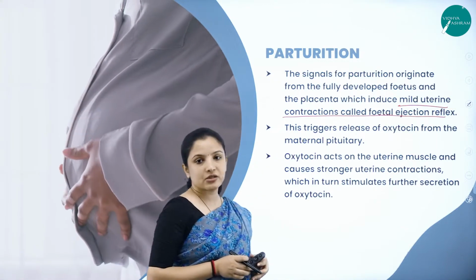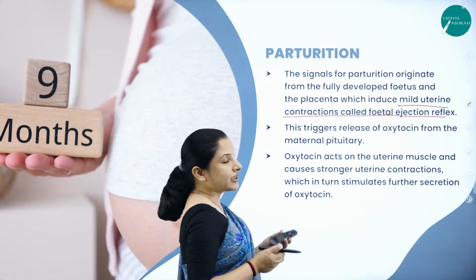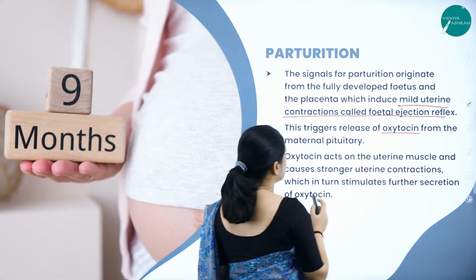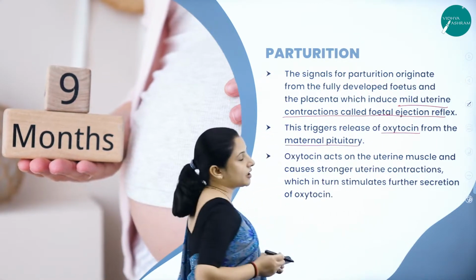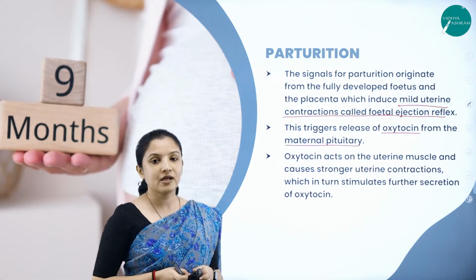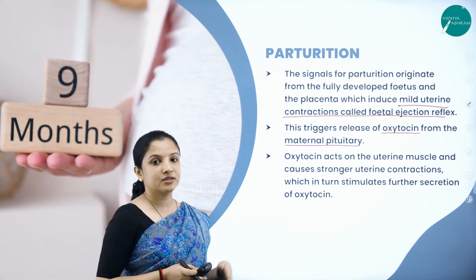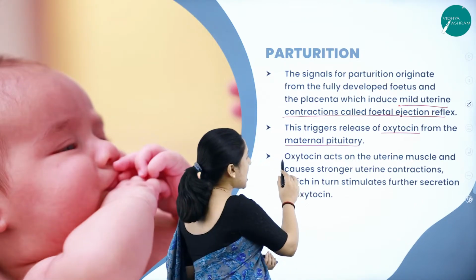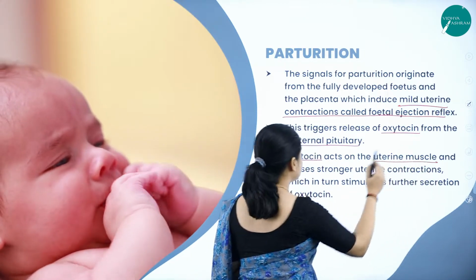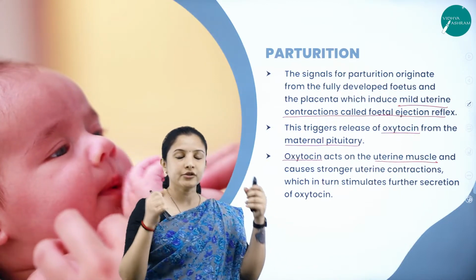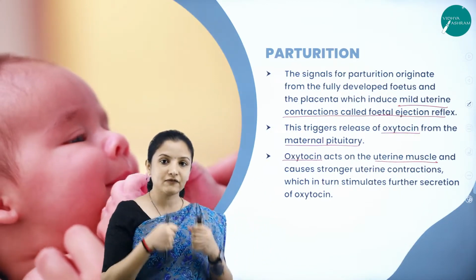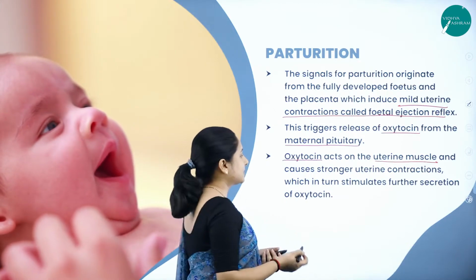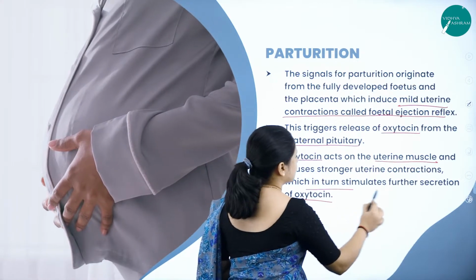So this fetal ejection reflex triggers the release of a hormone called oxytocin from the maternal pituitary gland. Oxytocin is one of the happy hormones. You have studied about this in your first PUC. Oxytocin acts on the uterine muscle and causes the uterus to contract even more strongly, which in turn further stimulates the secretion of oxytocin.